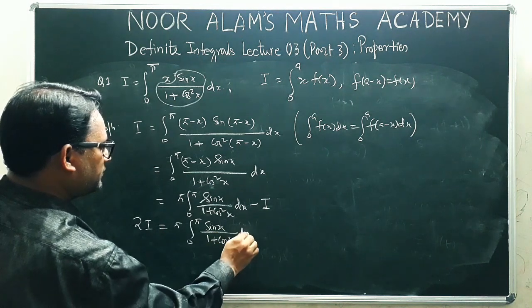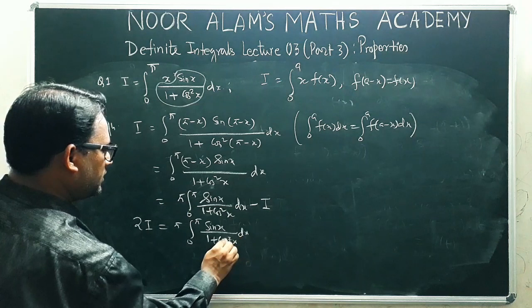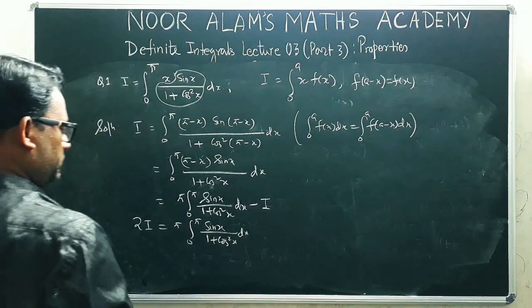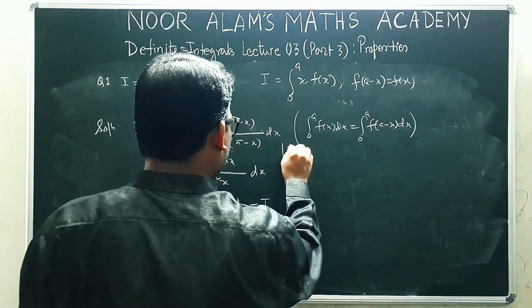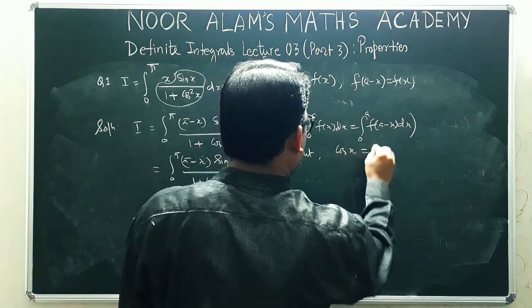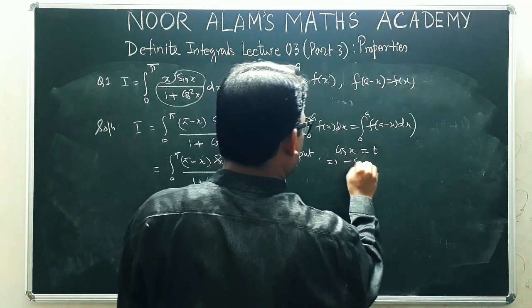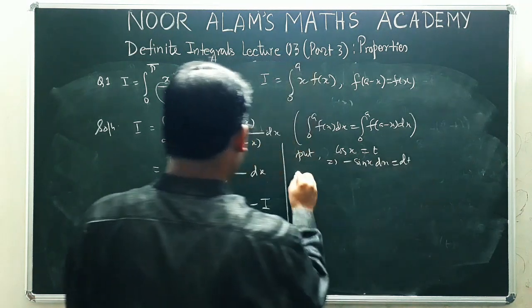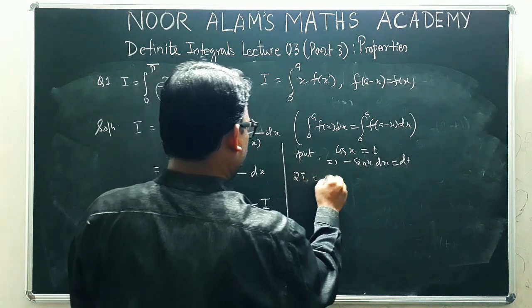Now you can see that the derivative of cos x is present in the numerator. So we do the substitution: put cos x equals t. This implies the derivative of cos x is minus sin x dx, which is equal to dt. So now 2I we can write as pi.